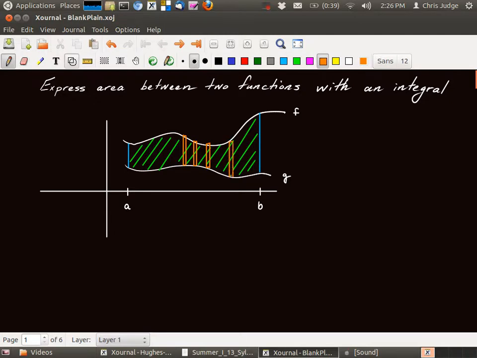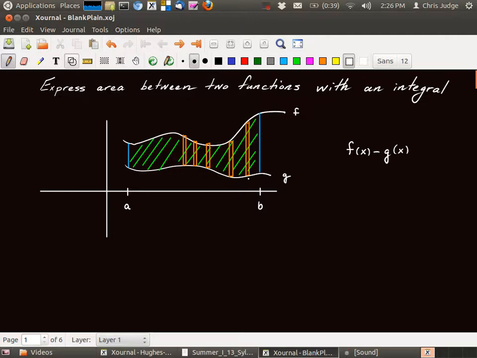Now if f is the curve on top and g is the curve on bottom, then the height at any particular x value is going to be f of x, that's the height of the curve f, minus g of x, that's the height below.